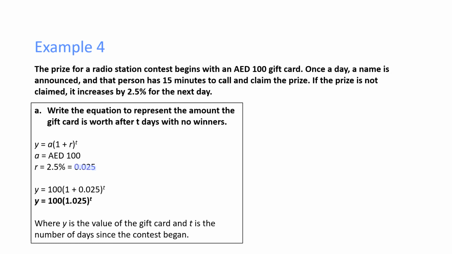So, to substitute those values in, we have 100 times (1 plus 0.025) to the power of t, or more generally, y equals 100 times 1.025 to the power of t, where y is the value of the gift card in this case, and t is the number of days since the contest began.